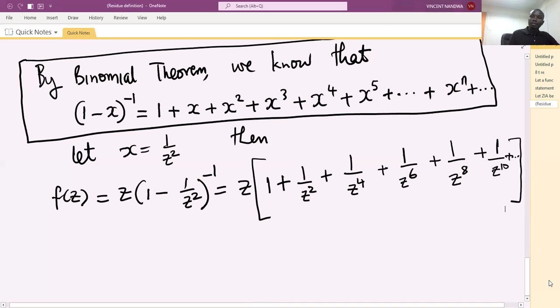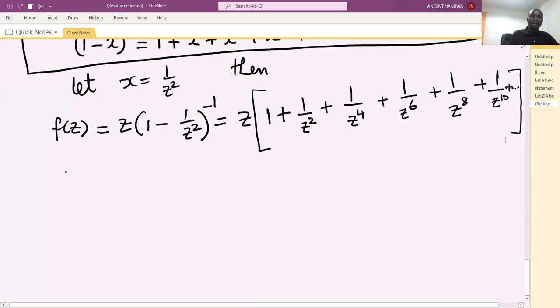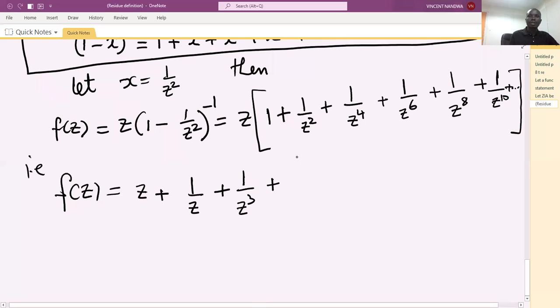So when you multiply every term by z, our f(z) will be z plus 1/z plus 1/z³ plus 1/z⁵ plus 1/z⁷ plus 1/z⁹ plus other several terms.